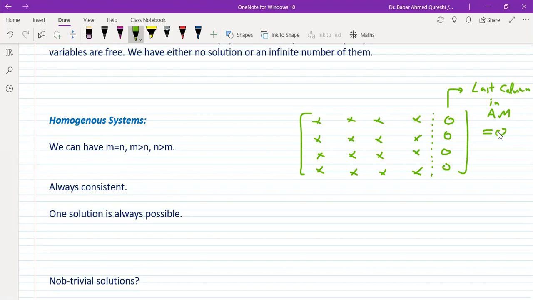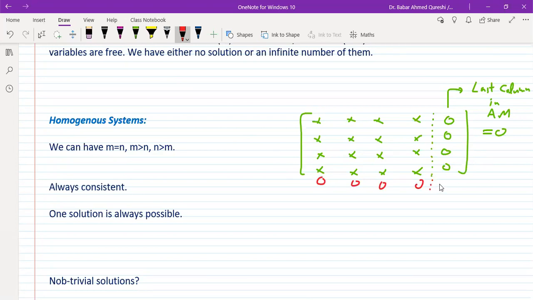So my claim is that it's always going to be consistent. Why is it so? Because the only way you encounter an inconsistency is when you bring your coefficient matrix to the echelon form, you encounter some zero row, and on the other hand side, you do not have a zero.